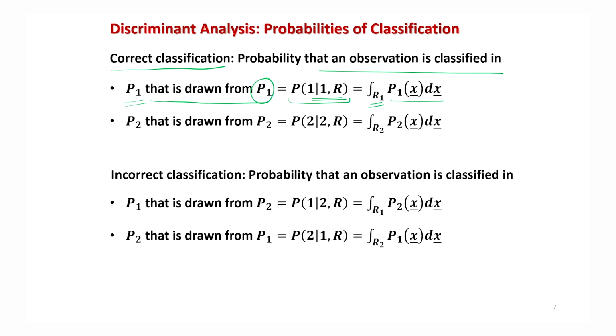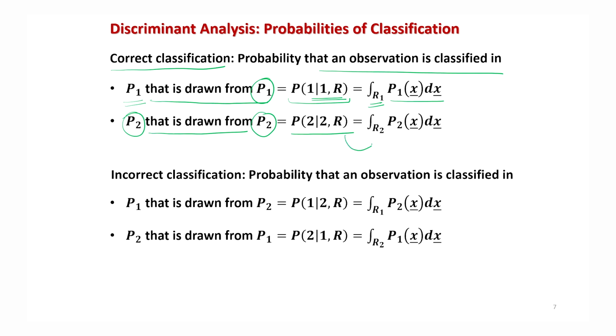That is how we compute the probability. If you recall, I had introduced it in the beginning of the lectures. Similarly, the probability that an observation is classified into the second population P2, and is actually drawn from the same population P2, is indicated by P(2|2, R). So this is my symbolic representation, so that our analysis will look simpler and easier, right?